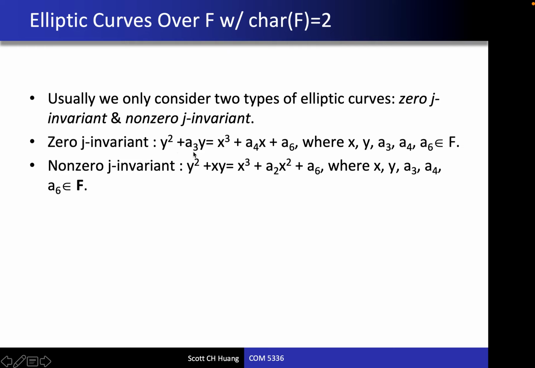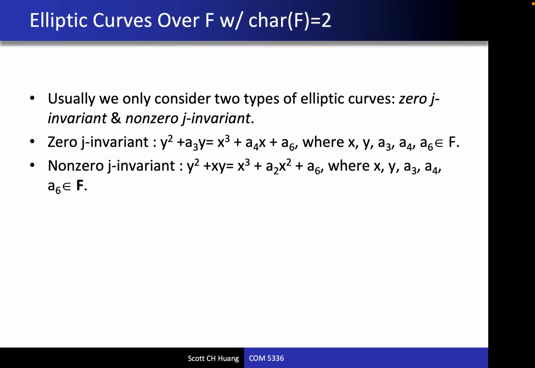So we have A3, a new variable. And we can also use non-zero J invariant, where we have a cross term, and then A2 and A6. So that's non-zero J invariant.